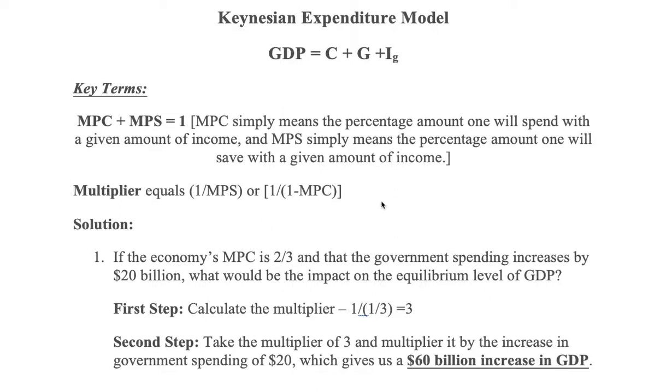So what the multiplier will do, if the MPC is 90, MPS is 10%, that must mean the multiplier is 10. So that $1 that the government is spending, or I am spending in the form of consumption, will have a total impact on GDP of 10 times, or $10.